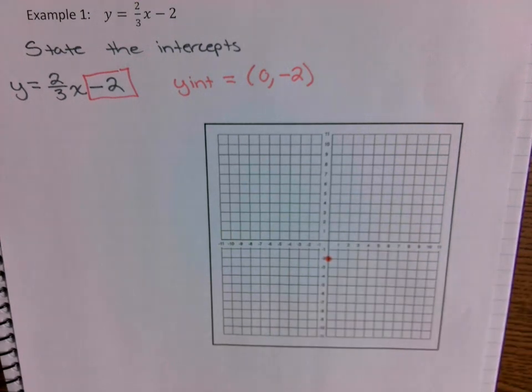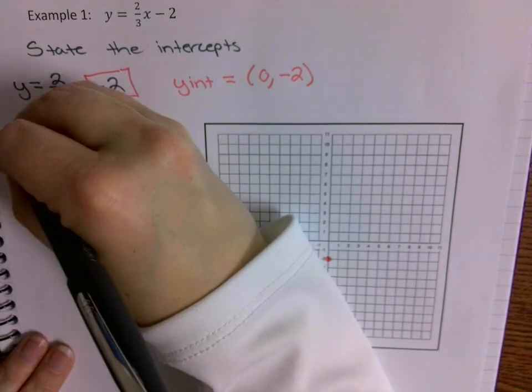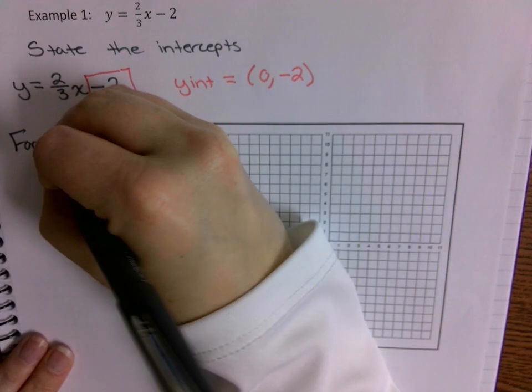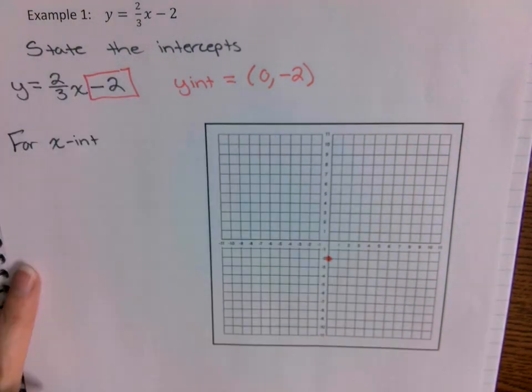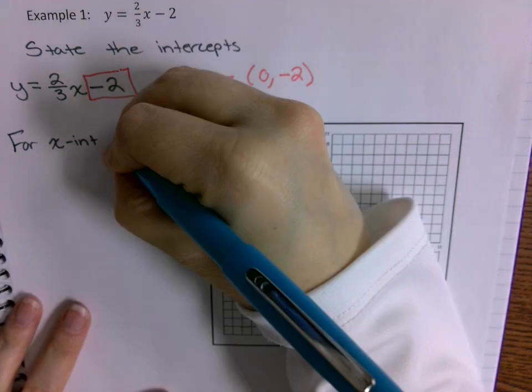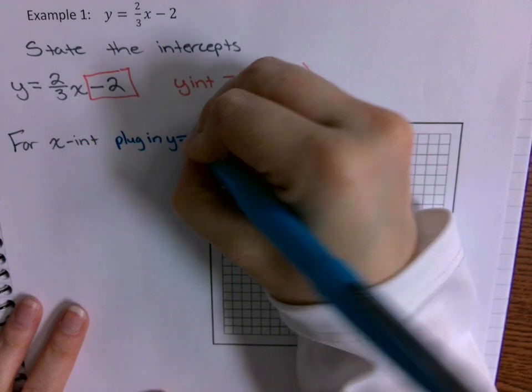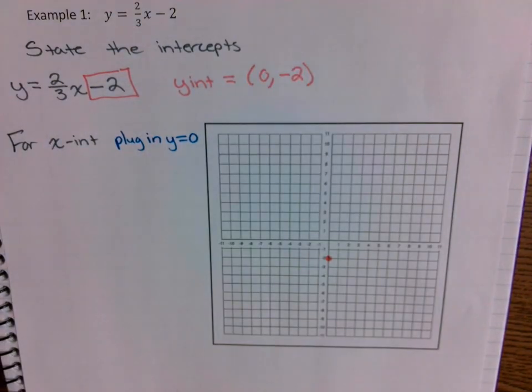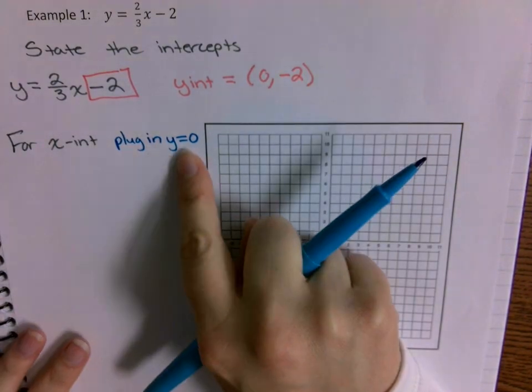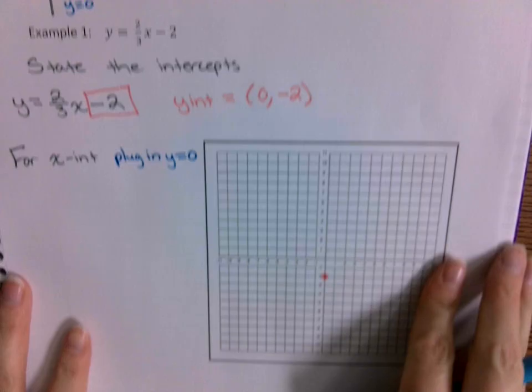To find the x-intercept, that's where I have to do a little bit of work, okay? For your x-intercept, which is what we're learning about now, you would need to plug in y equaling 0 because your x-intercept is at the point where y is equal to 0. We just stated that up here in the definition.